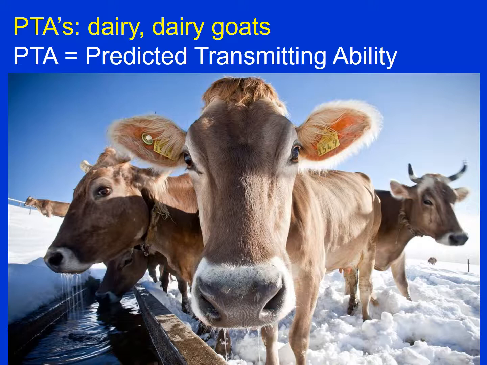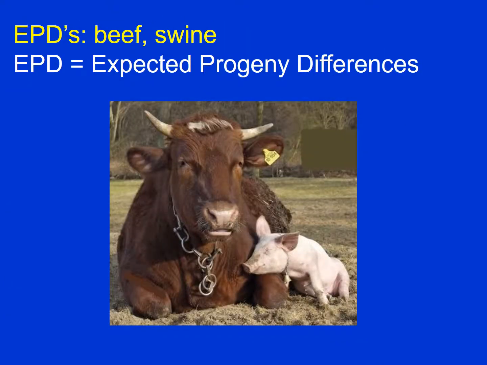It's really because these genetic evaluations for the different species were developed independently. You get a committee of people together and they may say, let's call our genetic evaluations something different. In beef cattle and pigs, they're known as EPDs, expected progeny differences. Again, it's the half of the parents' chromosomes that are passed on to the offspring.